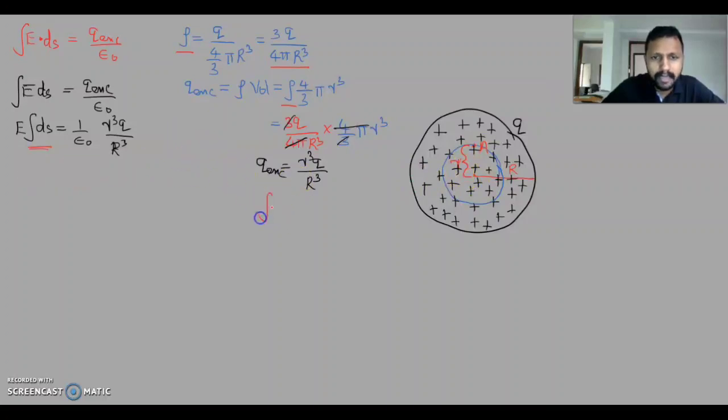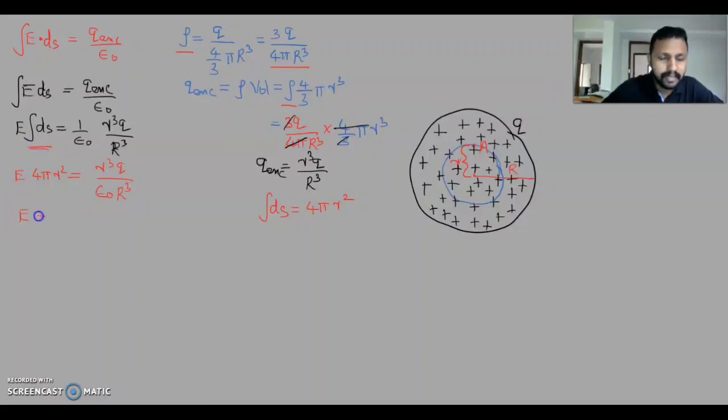Therefore, integral of ds is the total surface area of the small r radius sphere, that is 4 pi small r square. Therefore, E into 4 pi small r square equals r cube Q divided by epsilon 0 R cube.